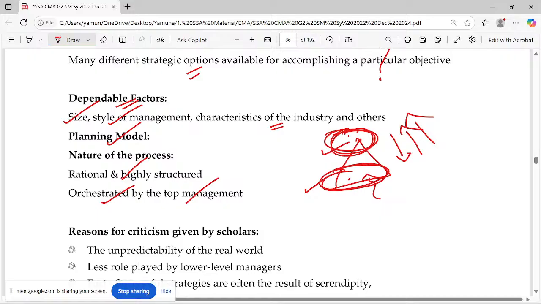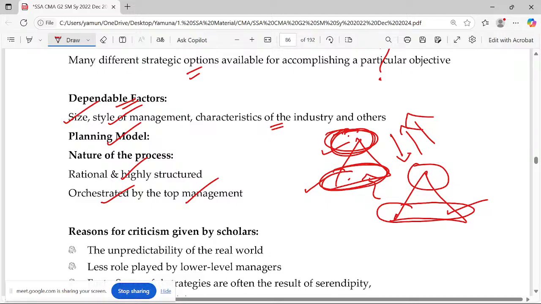As I was discussing Toyota's case, the top management decided, and it went to the lower team, which was the production team. The production department gave a suggestion, why don't they do this thing? So this was a strategy they gave.